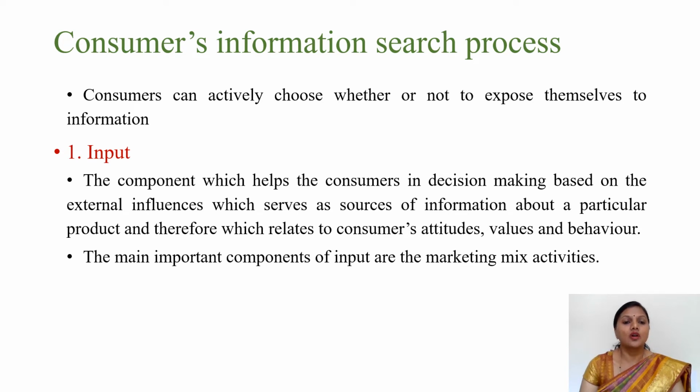Input, the component which helps the consumer in decision making, is based on external influences which serve as a source of information about a particular product and therefore relate to consumers' attitudes, values, behavior, etc. The main important component of input are the marketing mix activities, which try to communicate the benefits of products and services. And also another important component is socio-cultural influences, which are factors that definitely affect the consumer's purchase decisions.